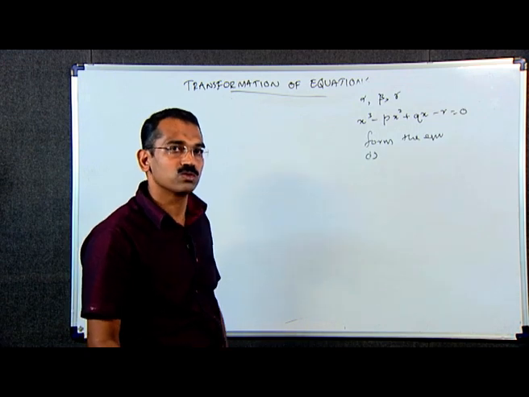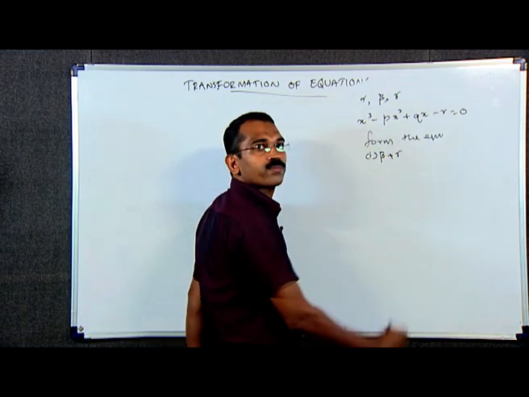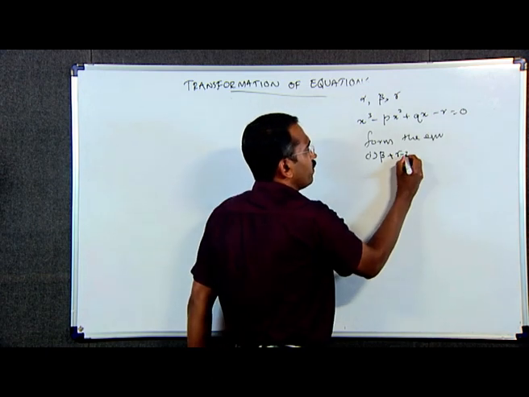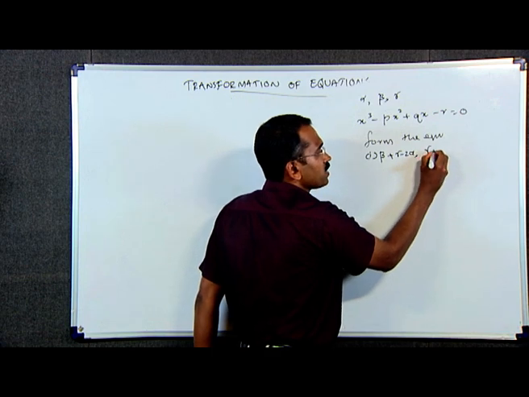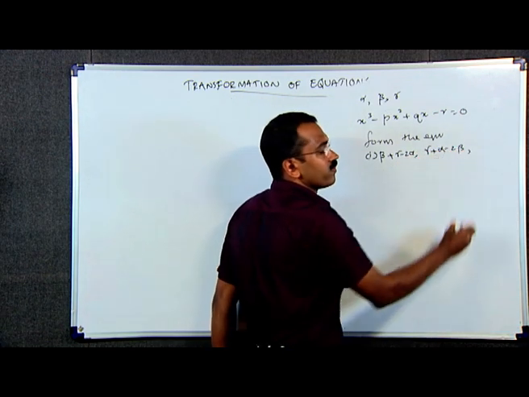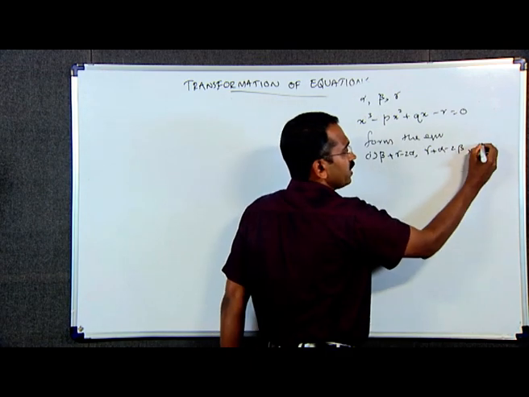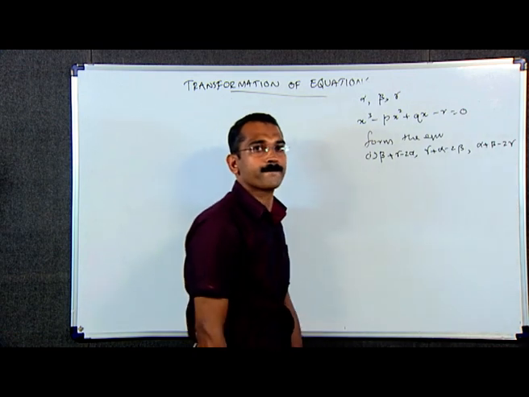First one is whose roots are beta plus gamma minus 2 alpha, gamma plus alpha minus 2 beta and alpha plus beta minus 2 gamma.